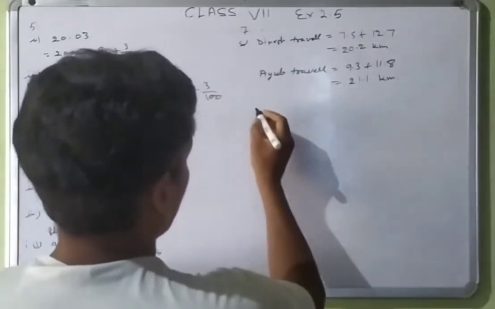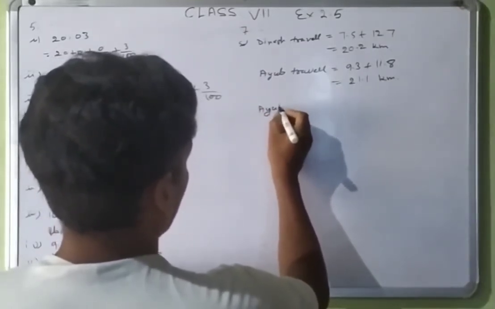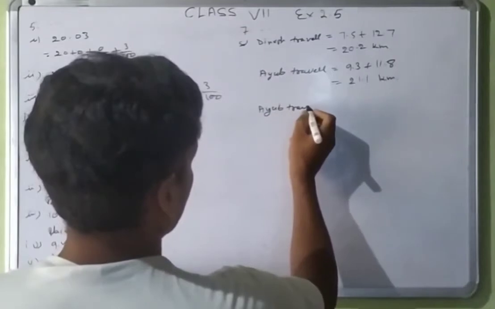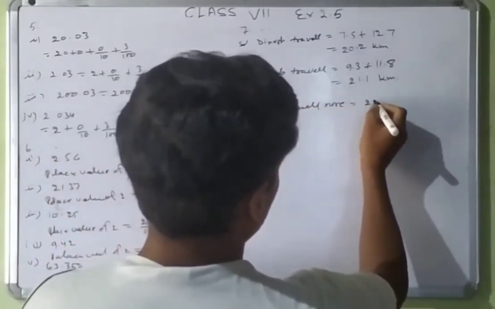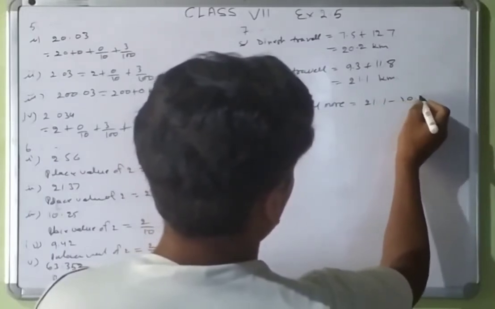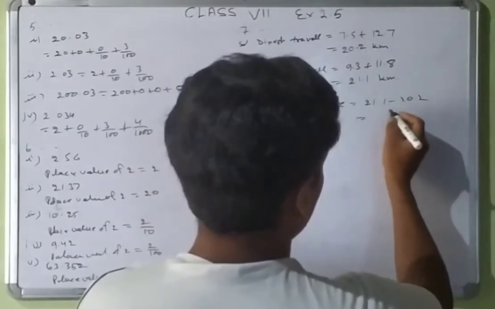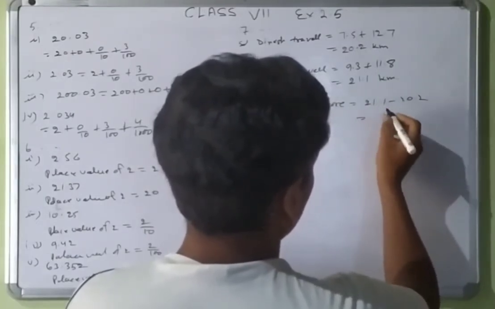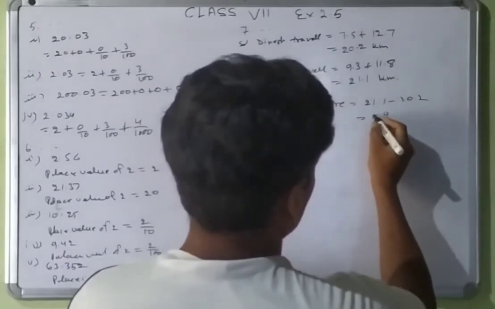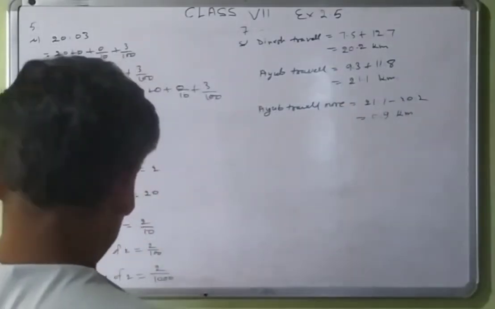So Ayub travels more. How much? That is 21.1 minus 20.2. So 11 less 2 is 9. And then 0 less 0 is 0. That is 0.9 km.